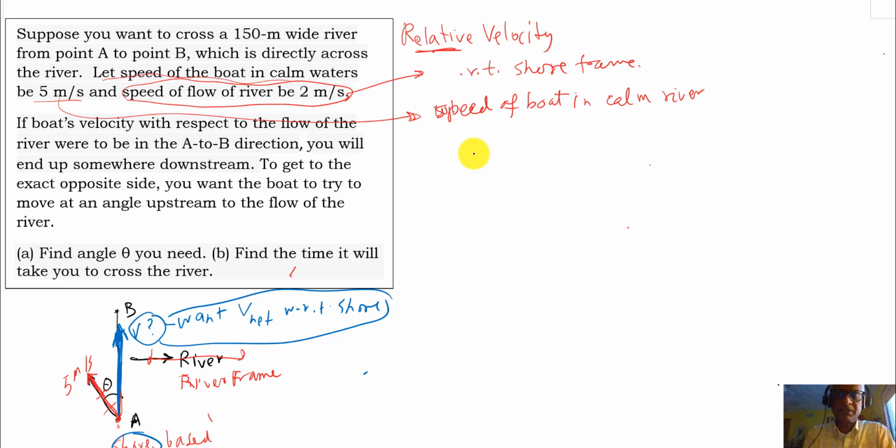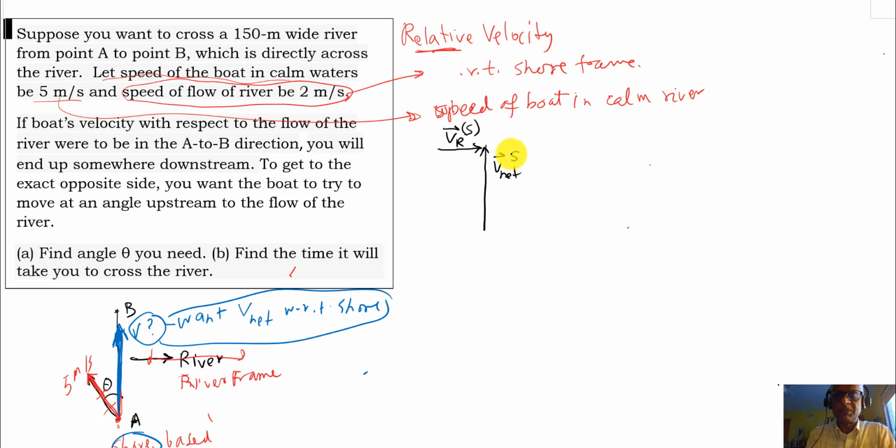So here will be the vector diagram. This is V net, and the river is going this way, V river, and this is of course with respect to shore.